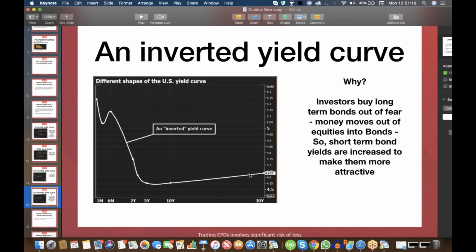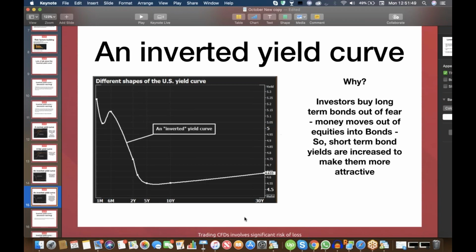So we want to lock in that rate, and we want to take money out of equities. Say you've got US equities, you might think, I'm concerned about the US economy, and if the US economy is going to be struggling, then US companies are going to be struggling, and the share price is going to be falling, dividends are going to be falling. So big investors want to take their money out of US equities and put it into bonds because bonds are more stable.